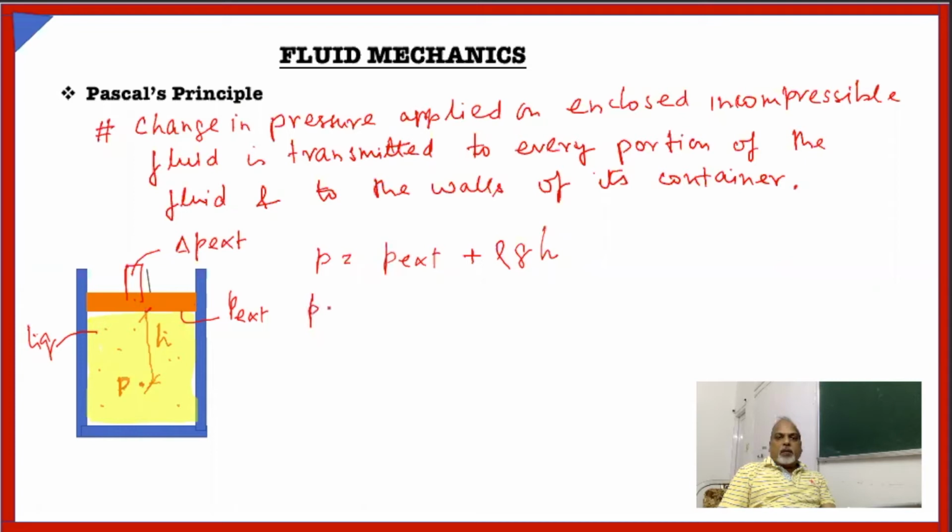New pressure at P, assuming an increase of delta P, will be P external plus rho G H plus your delta P external, which you have increased. Correct? I think this equation also there is no problem.